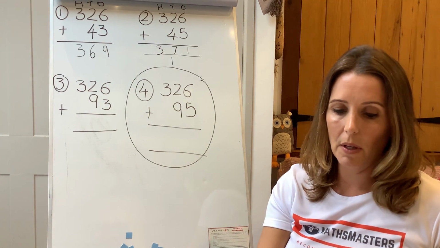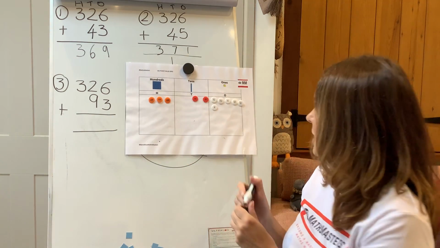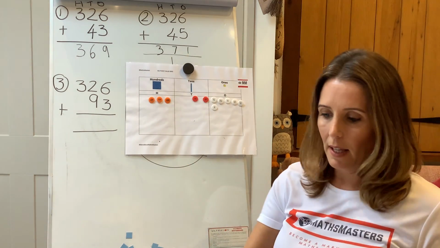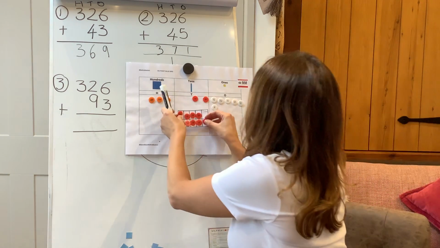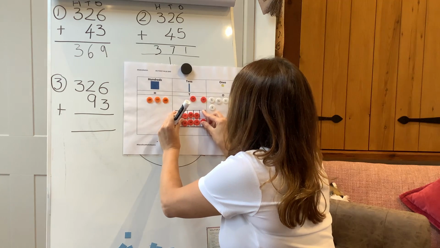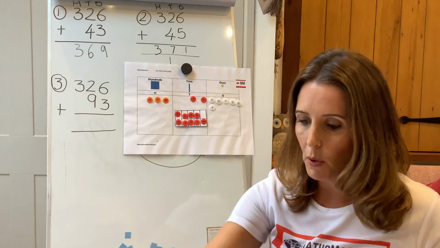I'm going to show you using the place value counters. So we've got 326 and we're adding on 90 and 3 more ones.